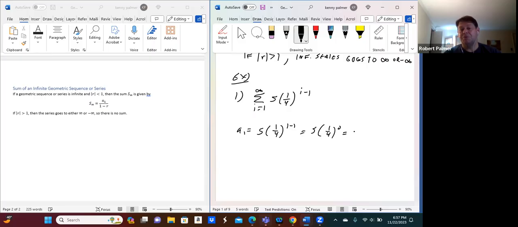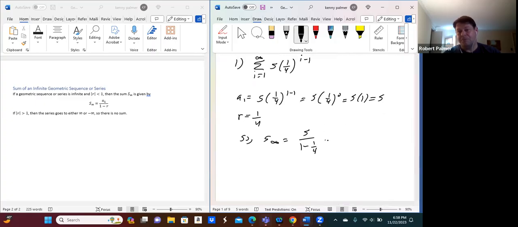Remember, any number to the 0 is 1, so it's 5 times 1, which is 5. And our common ratio is just this number right here, 1/4. So the infinite series is going to be A1, which is 5, divided by 1 minus r, which is 1/4.